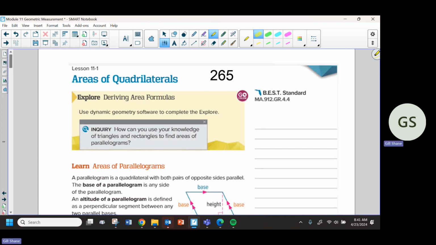Anybody else has it? You have paper? All right. So you get these first few formulas on the reference sheet. I'm not going to pass out reference sheets. Just trust me, they're on there.